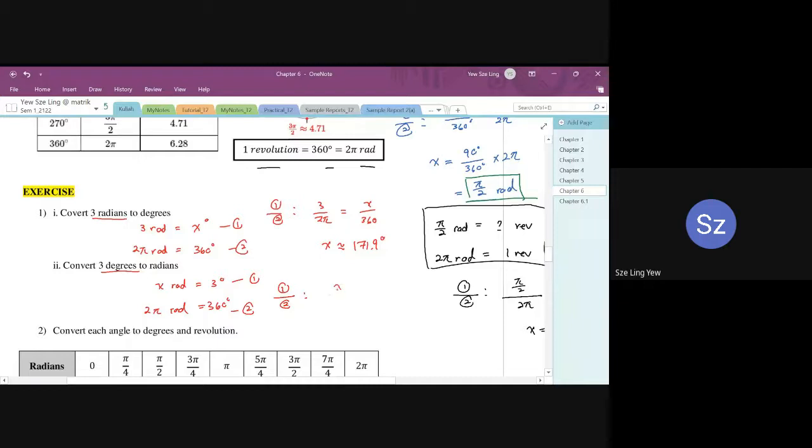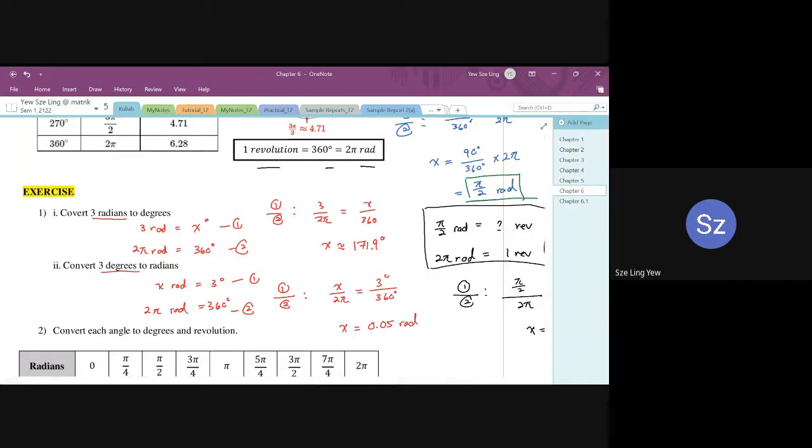So now what I have is x over 2 pi radian equals to 3 degree divided by 360 degree. Rearrange the equations, I will have x which is approximately equal to 0.05 radian. So this is how we do unit conversions.